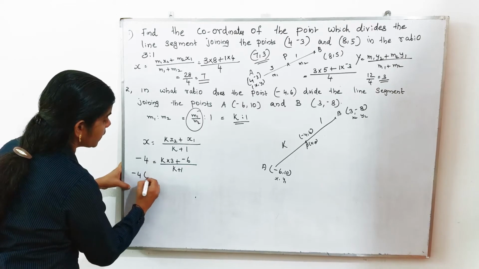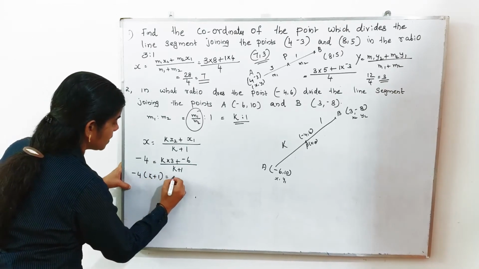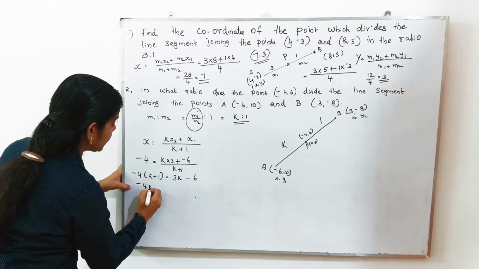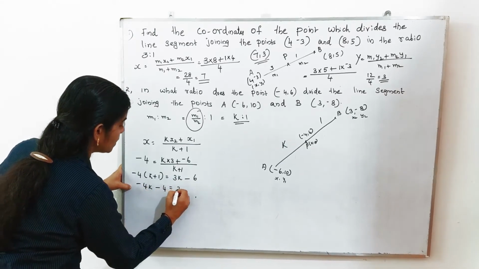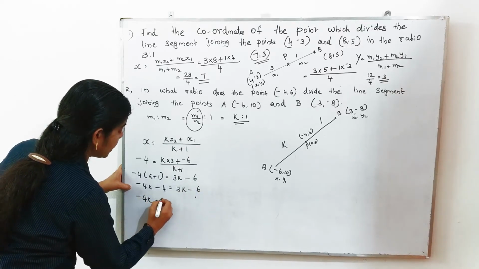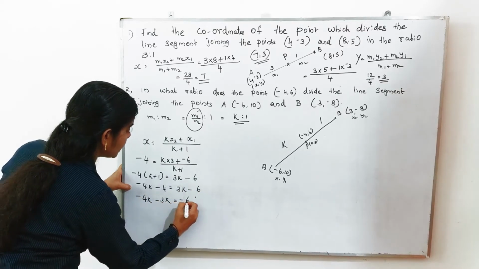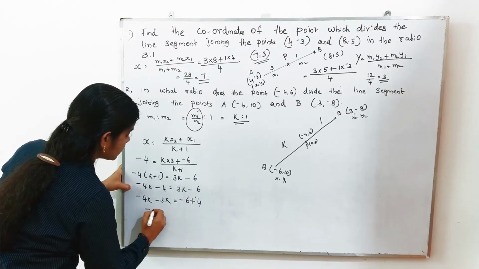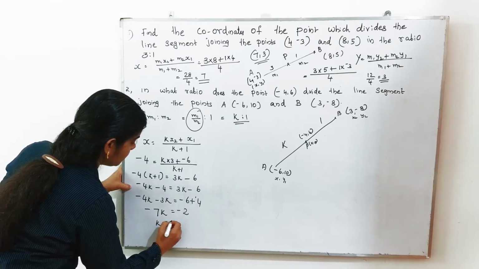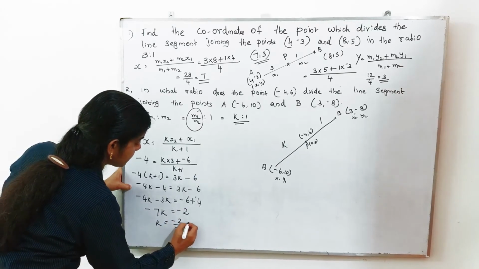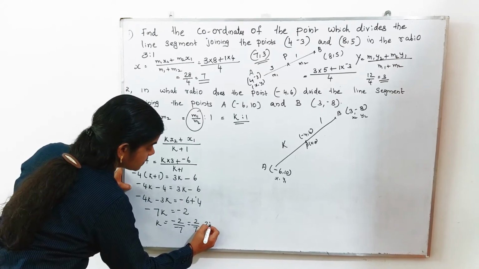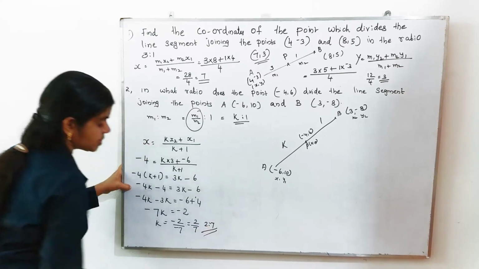Then -4 into (k + 1) is equal to 3k - 6. So -4k - 4 is equal to 3k - 6. That is -4k - 3k is equal to -6 + 4. That is -7k is equal to -2. k is equal to -2 by -7, that is 2 by 7, that is 2 is to 7.